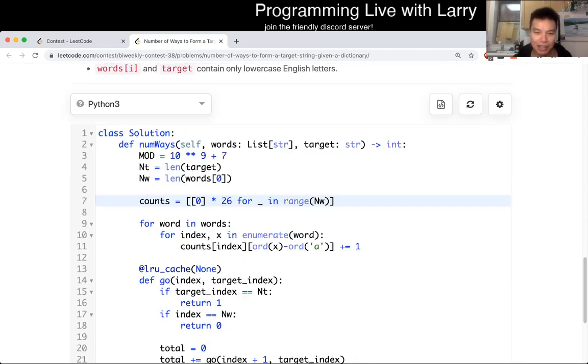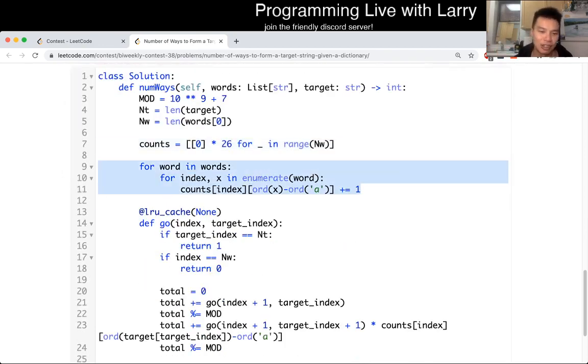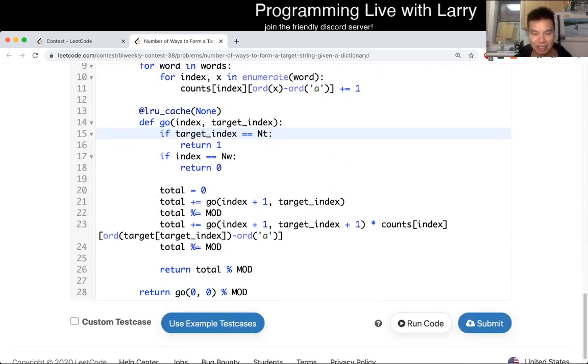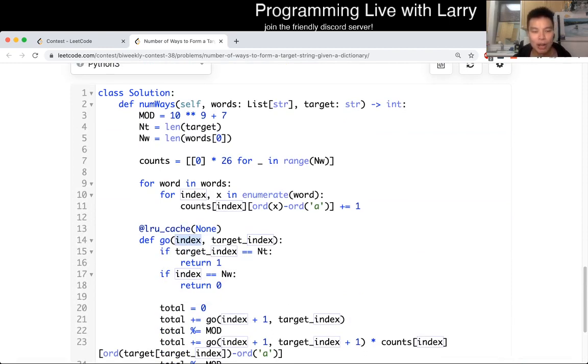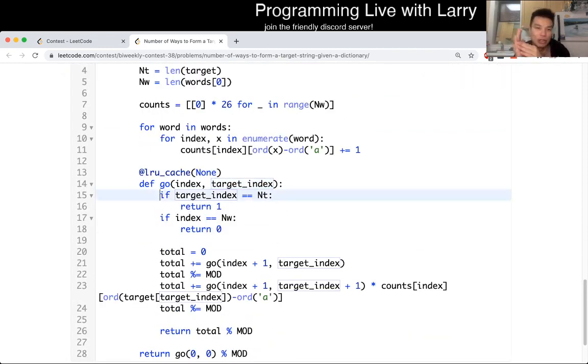We pre-calculate this, we compress the counts for each character at each index, and then our recursion is just, poorly named, the index from the words and then the index on the target. If we are able to get to the end of the target word, then our result is 1. If we ran out of characters on the word list in the dictionary, then there's no way to do it because we ran out of characters.